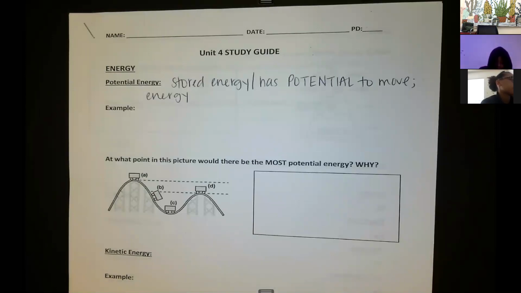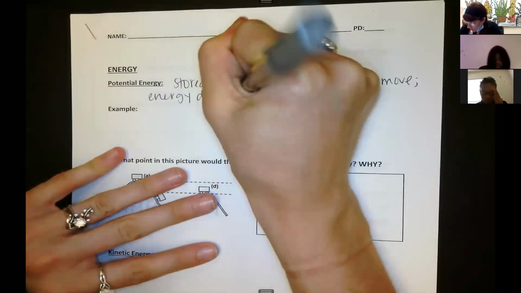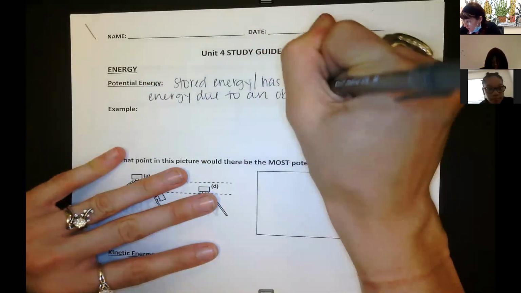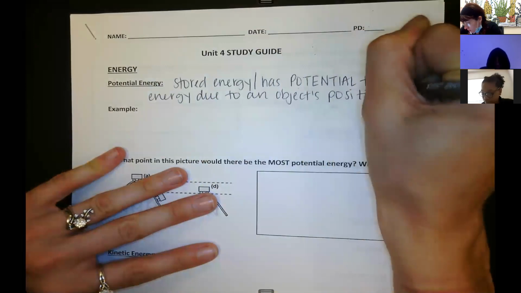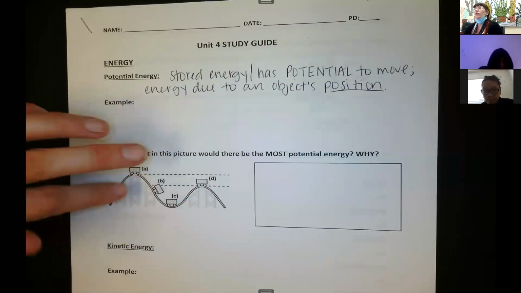What kind of energy was it? What kind of potential energy? When I talk about position. You can phone a friend.